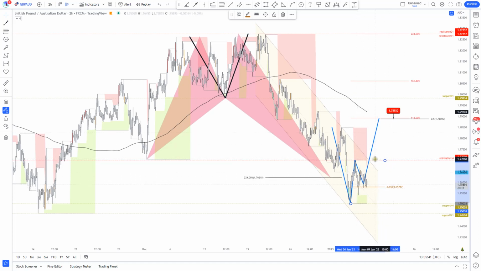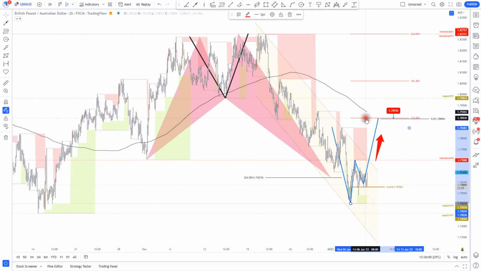So I will admit that a breakout above this resistance will trigger momentum to the upside, and based on the Fibonacci ratios that we have here, I can also project the alt bat pattern at the 113% Fibonacci extension.